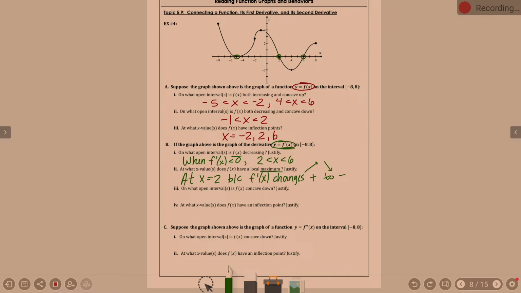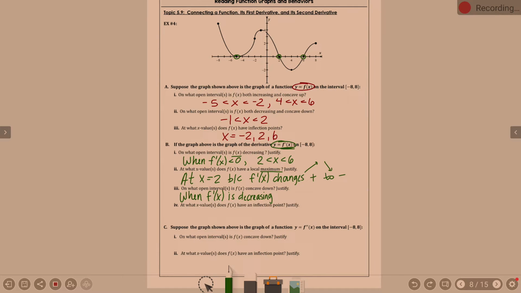3. On what open intervals is the function concave down? So when's concave down going to happen? Whenever the derivative is decreasing. I'm going to put my justification first: when f prime of x is decreasing. What do we mean by decreasing? That's also talking about a negative slope, right?